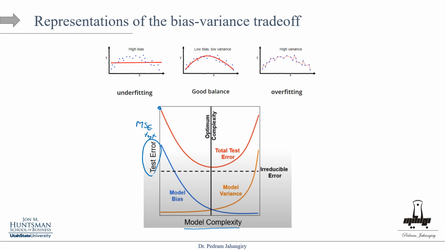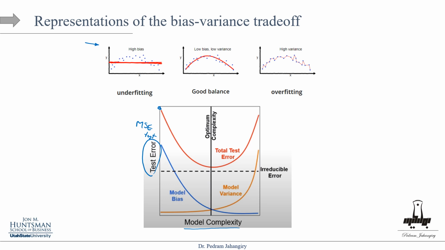Okay. Now, I want you to look at the graphs at the top, right? If the model is too simple, let's say this is your train set and we are using the model, and let's say this is our estimation. The model is super simple. Actually, it's going to give you the average, right? So this model has what we call high bias.